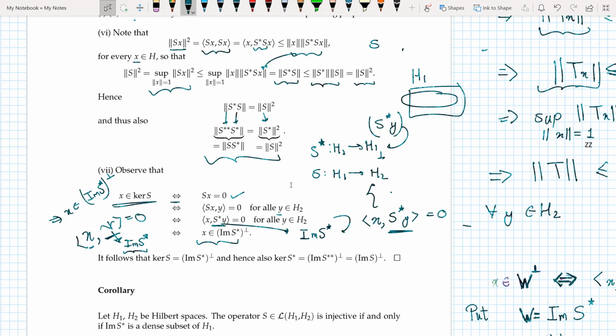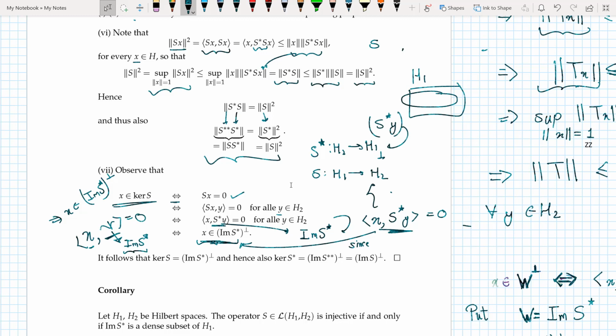For every such S star y, the inner product of x with S star y is equal to 0, and S star y is an element in the image of S star, therefore I can say that x belongs to the image of S star perp.